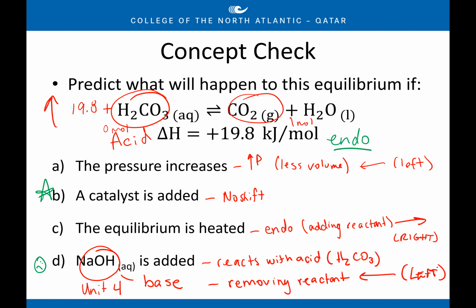We're going to be doing this in Unit 4, which I'm going to introduce very quickly today. But the idea for question D is NaOH is a base. Bases and acids react. So the NaOH, sodium hydroxide, removes some of the acid by reacting. And because we're removing a reactant, the equilibrium shifts left. Very tricky one for now.